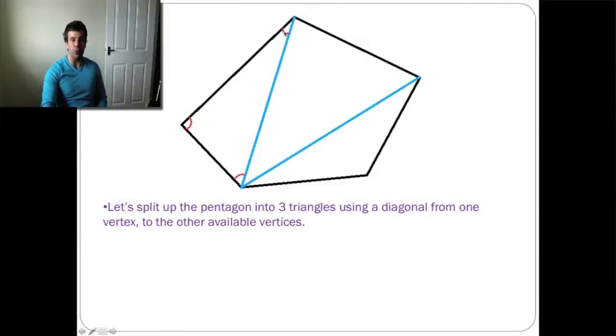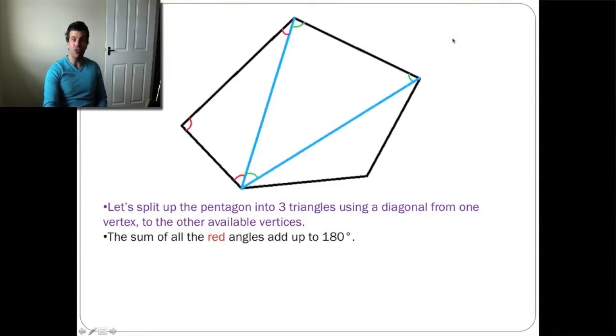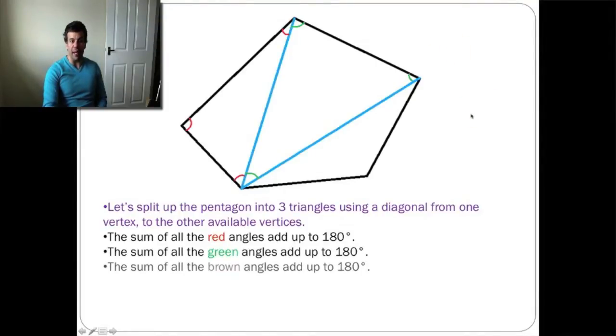The 3 red angles of a triangle add up to 180, as do the 3 green angles of the triangle. And of course, don't forget the 3 brown angles of the third and remaining triangle. So we've got 3 triangles, 3 lots of 180 degrees, total interior angles.